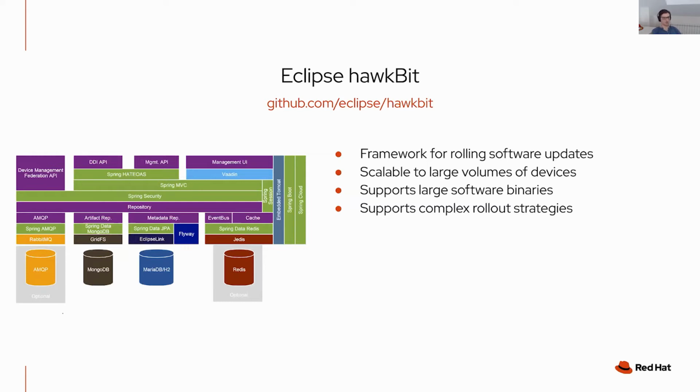So it supports everything this kind of software needs to do. It's scalable again to proper cloud levels, supporting millions of different devices and complex rollout strategies for updating a large number of devices in a campaign.